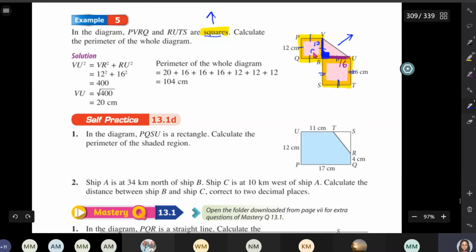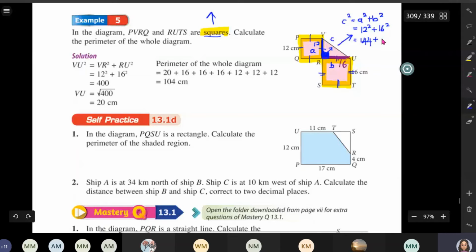So yang ni boleh jadi A dengan B, but remember as this is opposite, this is always C. So kita akan guna ni, C square equivalent to A square plus B square. So A square, 12 square plus 16 square. What is 12 square? 144.